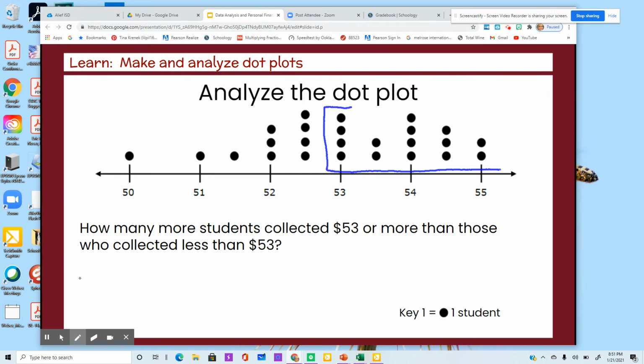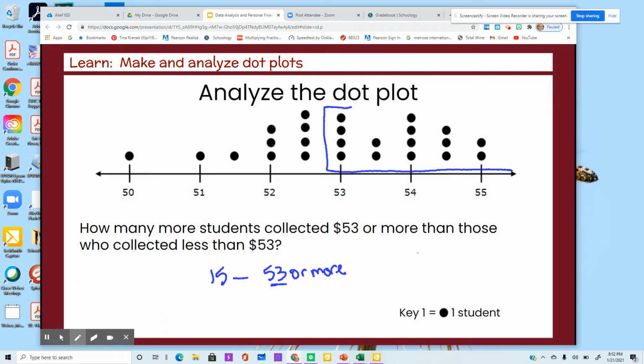So that would be 1, 2, 3, 4, 5, 6, 7, 8, 9, 10, 11, 12, 13, 14, 15. 15 students are 53 or more. And it says 53 or more, so I'm including the 53.